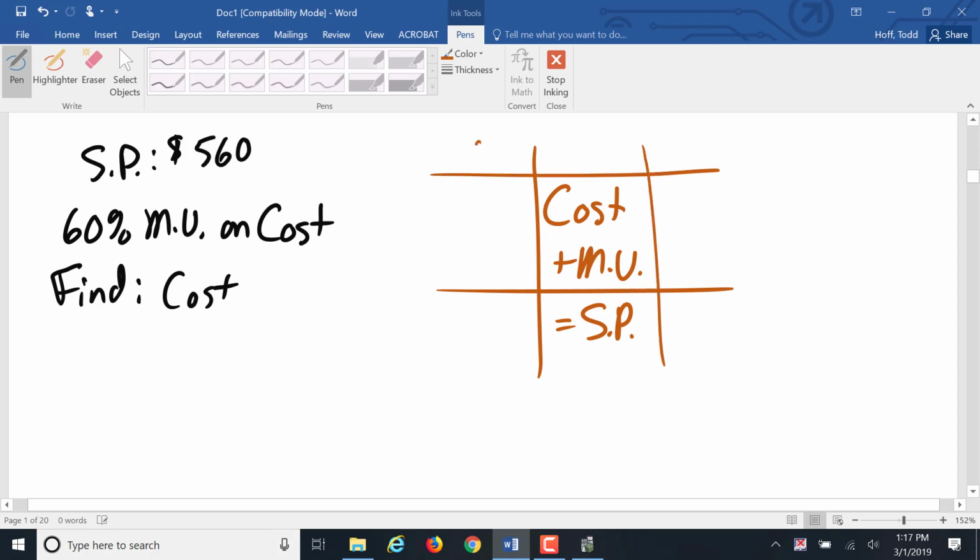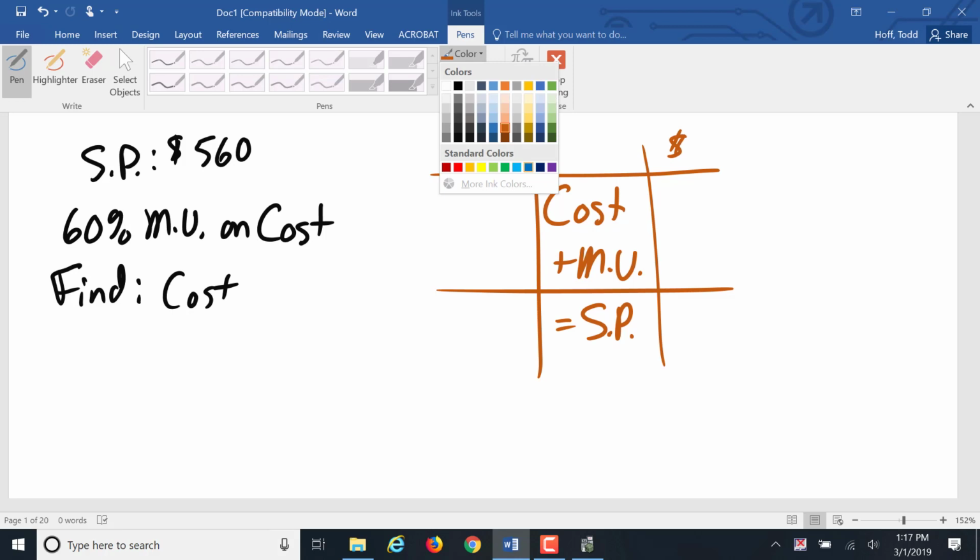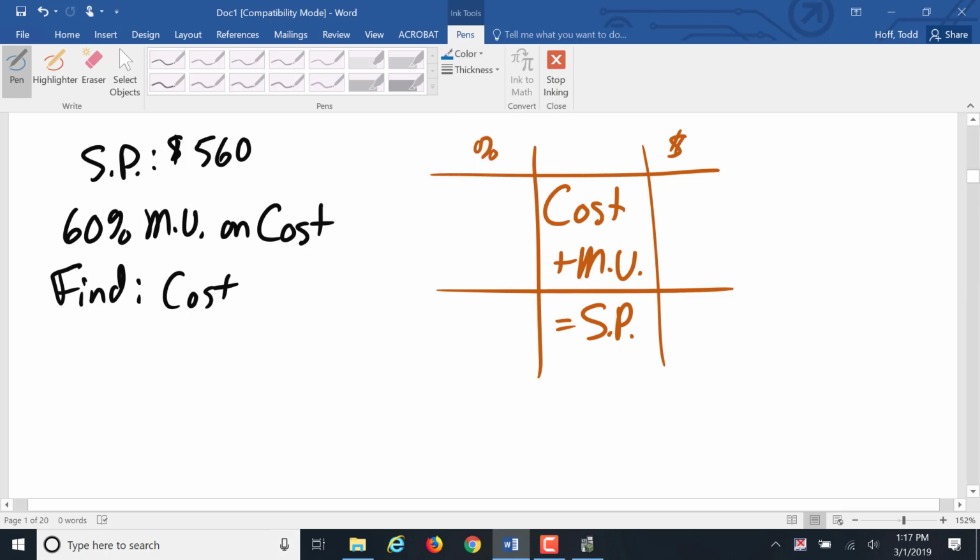And we still have percents on one side and dollars on the other. We're given $560 for the selling price. So on the dollar amount for the selling price, we put in $560. 60% markup, so 60% goes in for the markup. Also, it's markup on cost.